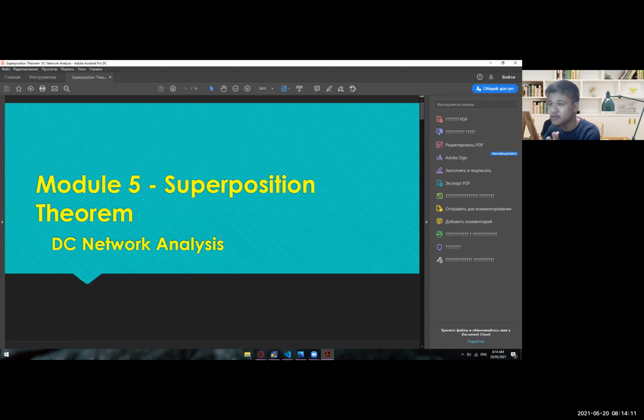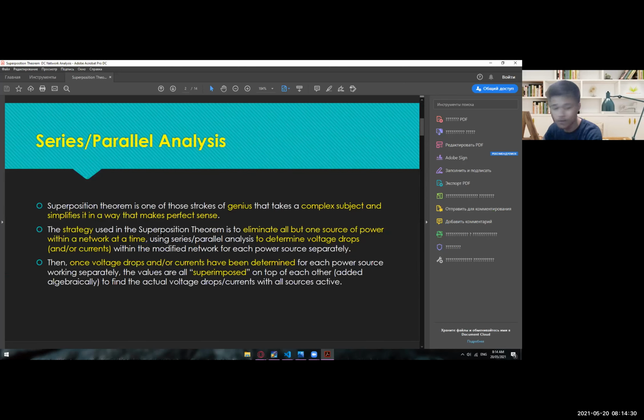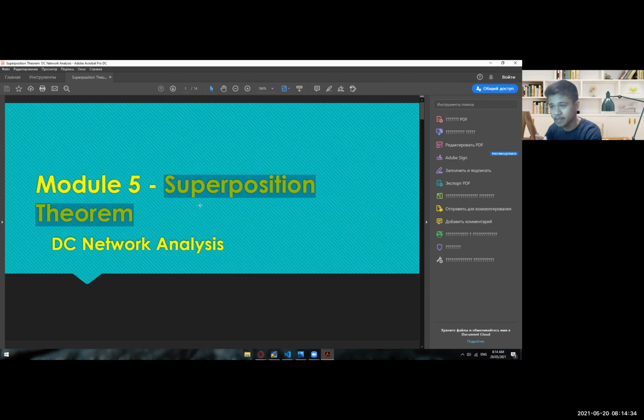This is perfect if we have a lot of sources, more than one: a voltage source and a current source, or two voltage sources or two current sources. As long as it's more than one source, superposition theorem is a perfect theorem you can use to simplify it into a simple circuit.